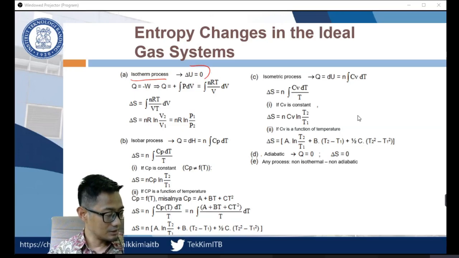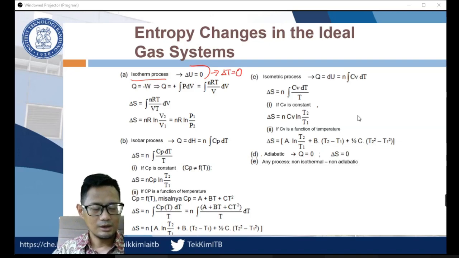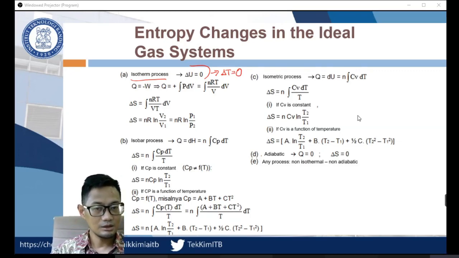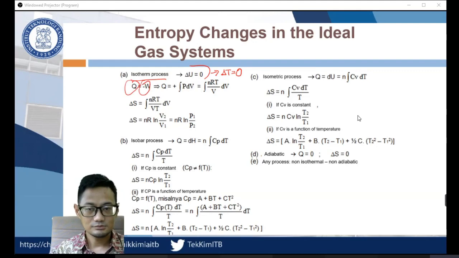Because isothermal means delta T is equal to 0, while delta U itself is m C_V, constant volume, multiplied by delta T. If delta T is equal to 0, delta U would be equal to 0. That one is simple. How about the Q itself? Q should be equal to minus W. And then we can calculate that one.